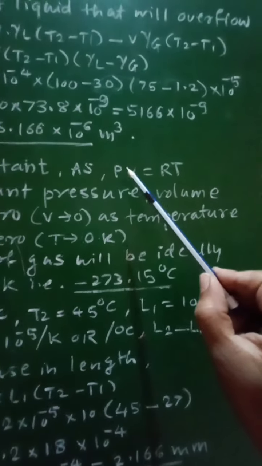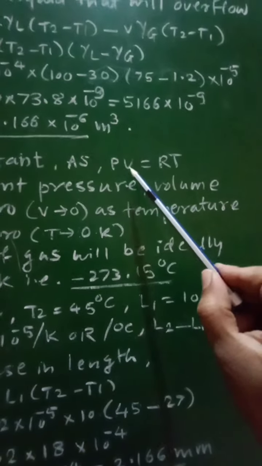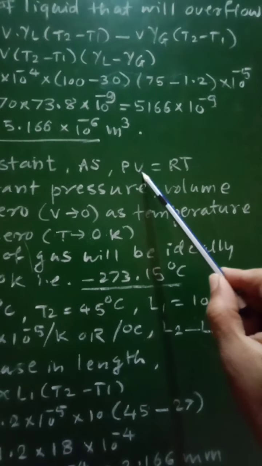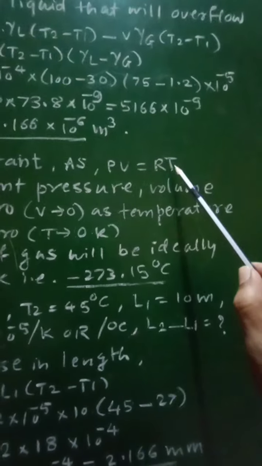That means at constant pressure, the volume V will tend to 0 if the temperature T tends to 0.